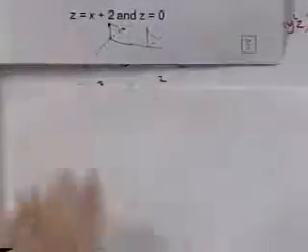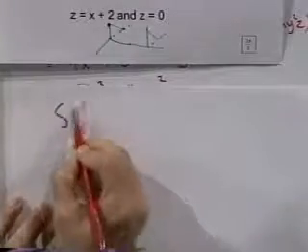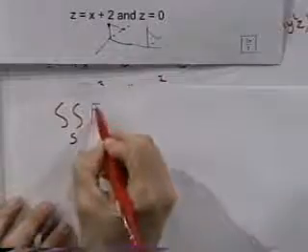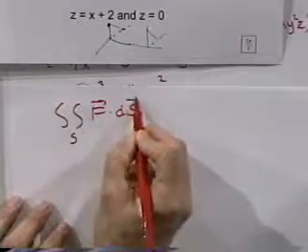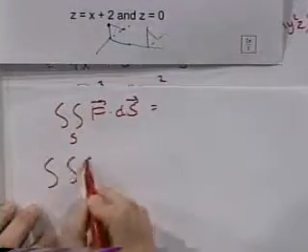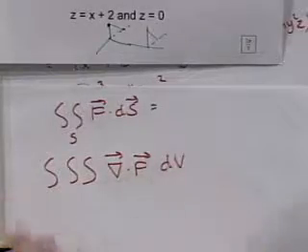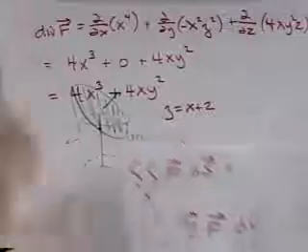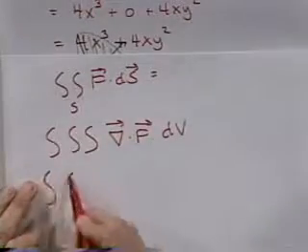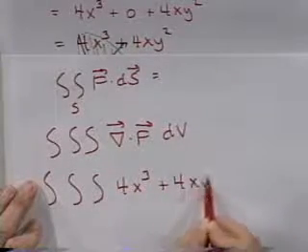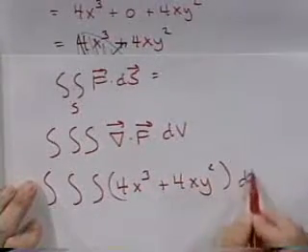So instead, the integral over all 3 surfaces added up with outward unit normals of F dot dS is equal to the triple integral of del dot F dV. We just figured out del dot F was 4x cubed plus 4xy squared. Okay, and let's look at it.